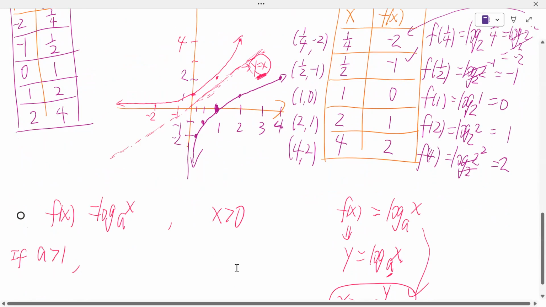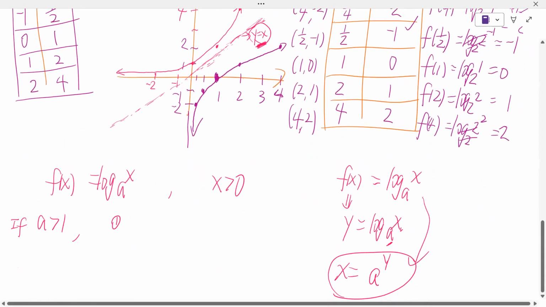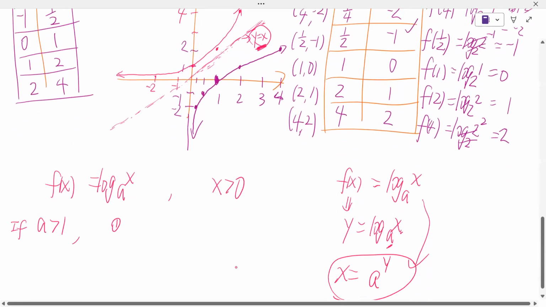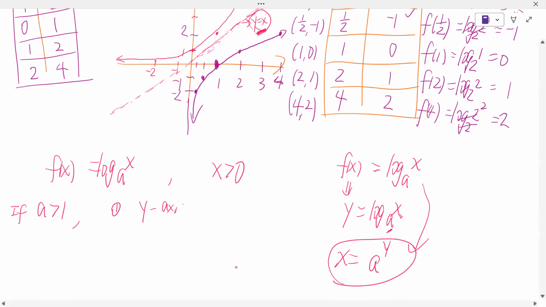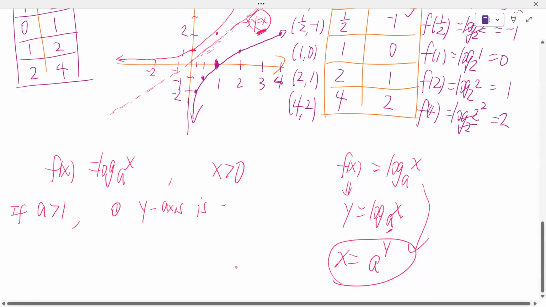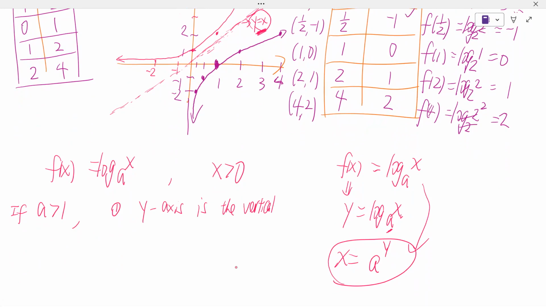There are three different things as well. First of all, the y-axis is the vertical asymptote. For the exponent, the x-axis is the horizontal asymptote. For the logarithm, the y-axis is the vertical asymptote.